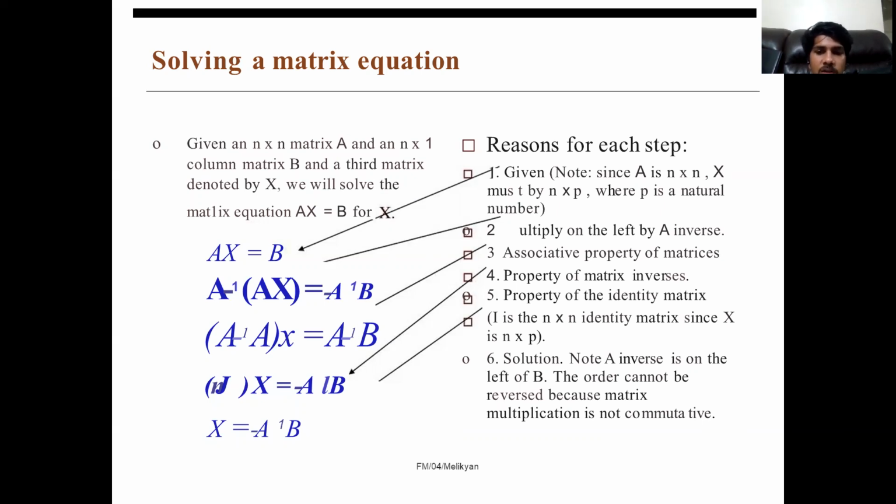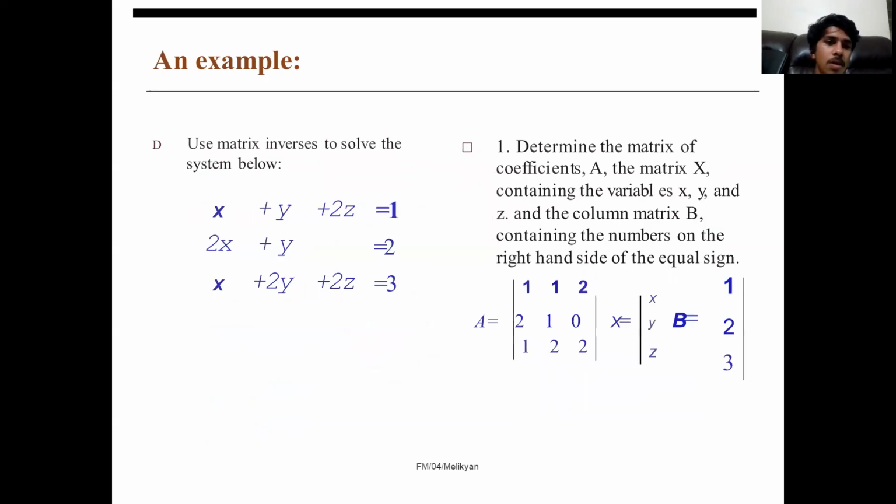Property of matrix inverse. Property of identity matrix. I is the n by n matrix since X is n by p. Solution: note that A inverse is on the left of B. The order cannot be reversed because matrix multiplication is not commutative.